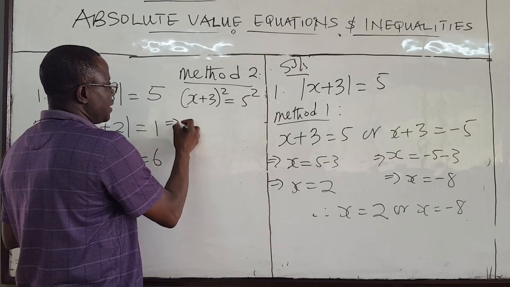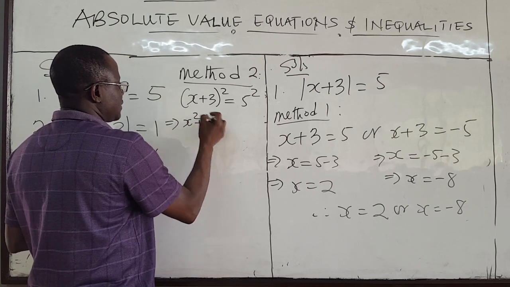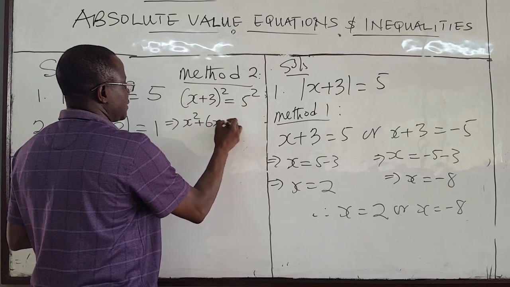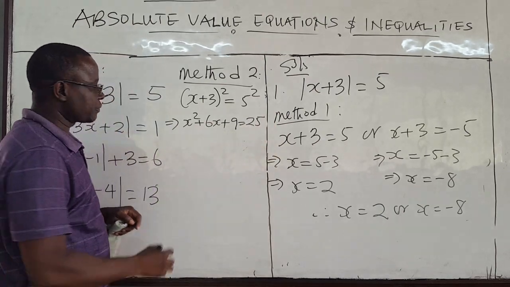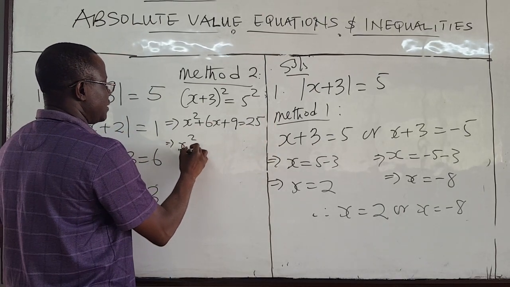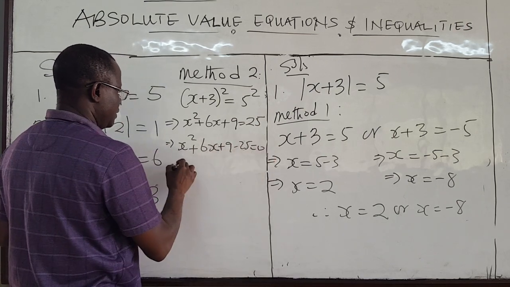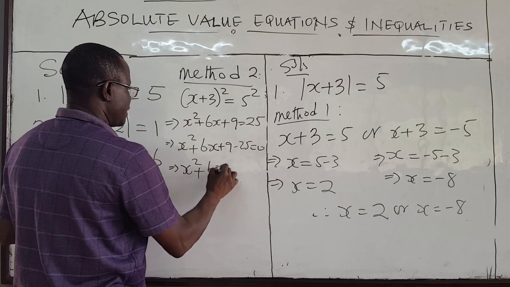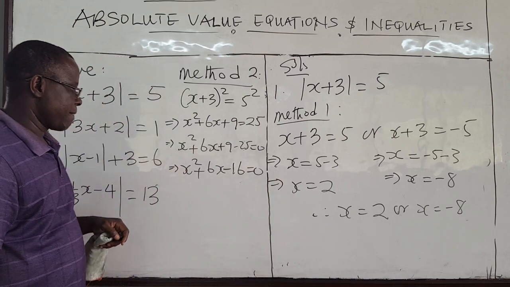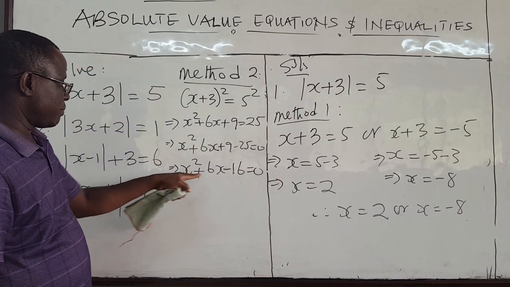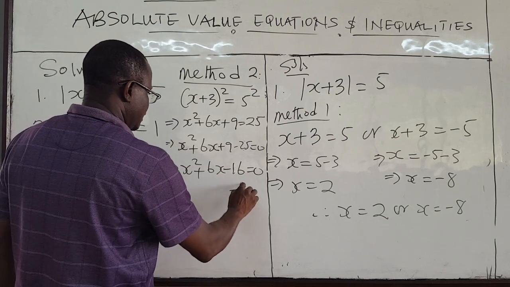And then you expand. This gives you x² + 6x + 9 = 25, and so we have x² + 6x + 9 - 25 = 0. So 9 minus 25 is negative 16, and you have x² + 6x - 16 = 0.